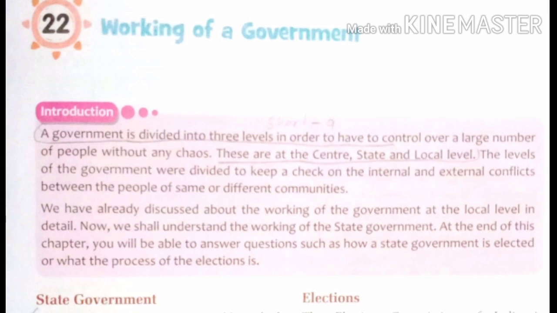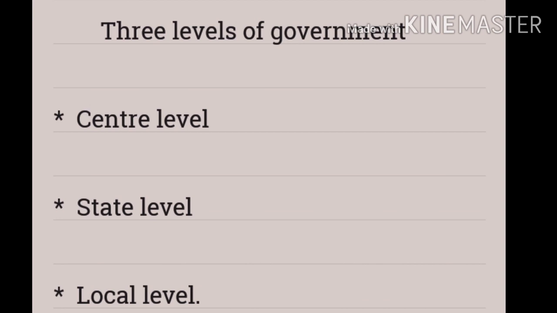But if there is only a single group to deal with a large population, it will not be possible to solve the conflict on time, and it will create a lot of problems for common people. That's why government is divided into different levels to sort out these conflicts between the people or different communities. We have already discussed the government at the local level in detail.